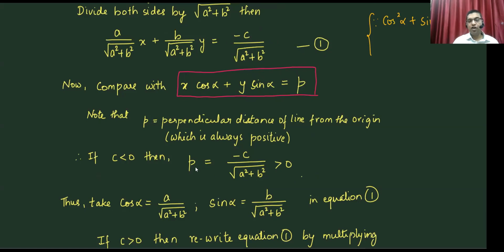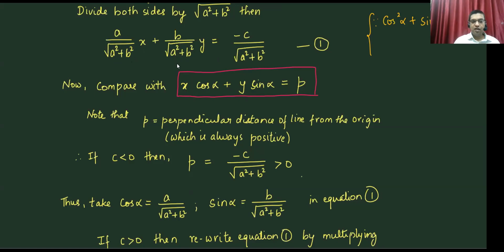Therefore p, this perpendicular distance from the origin, can be taken as c by root of a square plus b square. And once that is fixed, cos alpha will be a by root of a square plus b square, sin alpha will be b by root of a square plus b square.